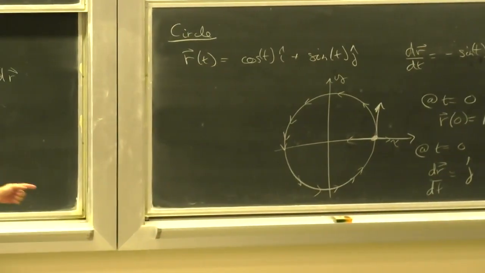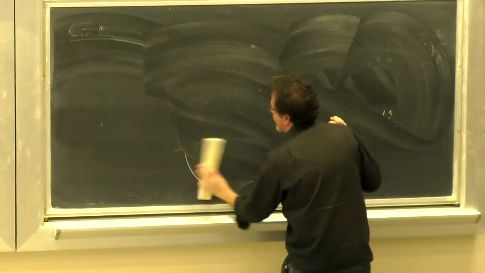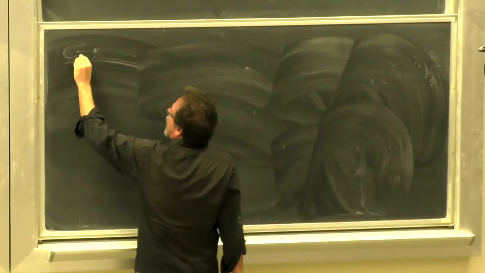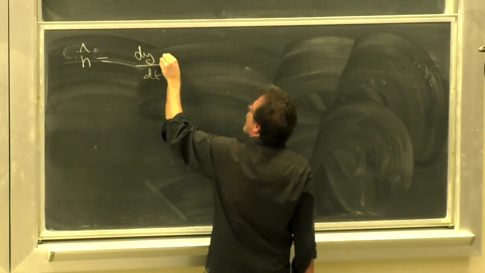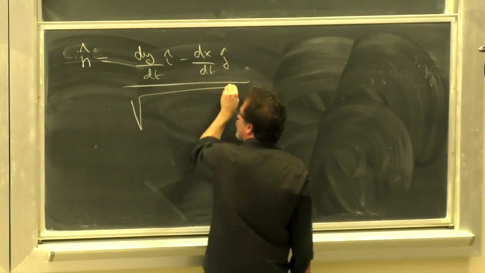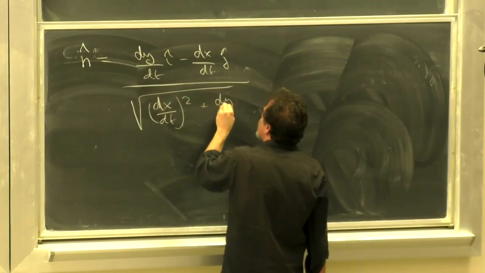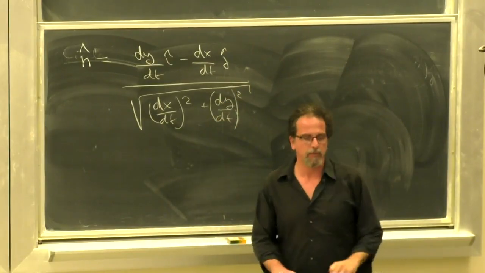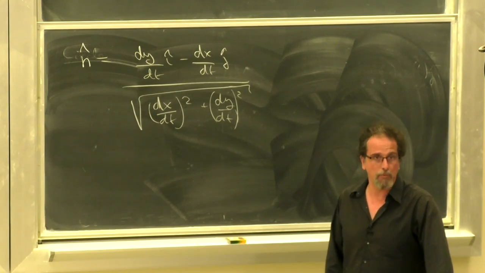Don't go, don't go. I'm telling the camera person, I think. And the outward normal is n hat equal to dy dt I hat minus dx dt j hat, divided by the square root of dx dt quantity squared plus dy dt quantity squared. That's how you construct the normal.